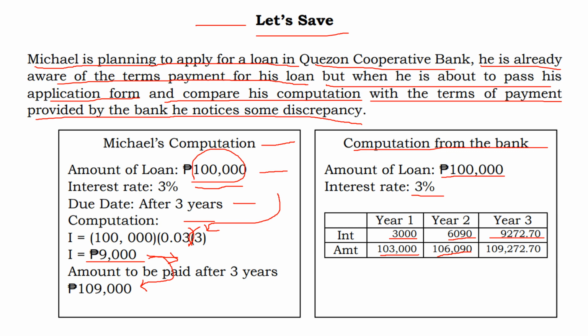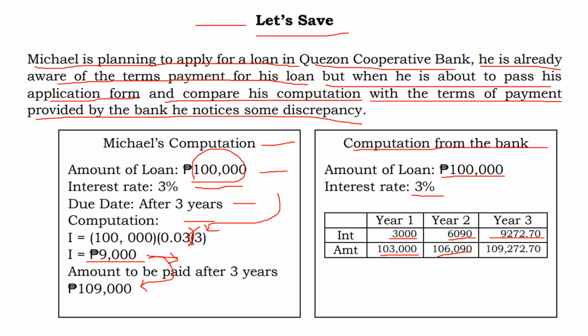Now, in this case, as you can see, the computations of the bank, wherein they apply the same interest as Michael, which is 3%, these 100,000 pesos earned more than what Michael can earn from his computation.